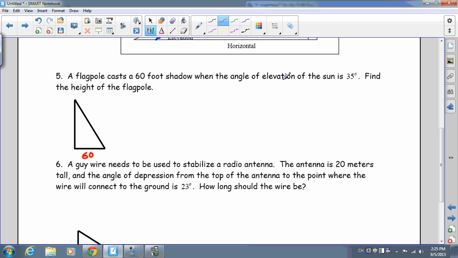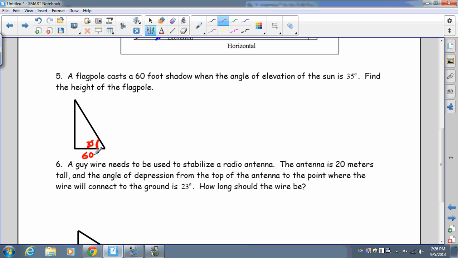When the angle of elevation of the sun is 35, this is therefore the angle of elevation, 35. Please excuse the bell. Now, knowing that the angle of elevation is always with the horizontal, this is my 35. Now I bet you can solve the problem.